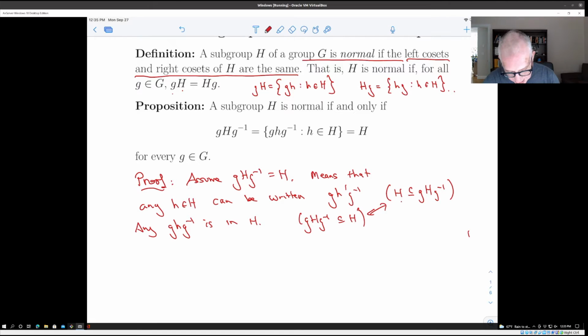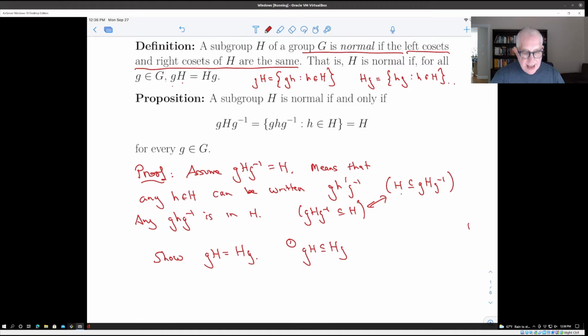So we want to show that gH equals Hg. As usual, we have to show that gH is contained in Hg. What does that mean?